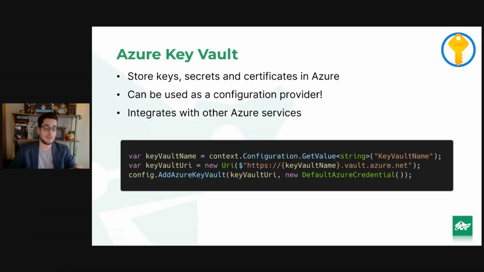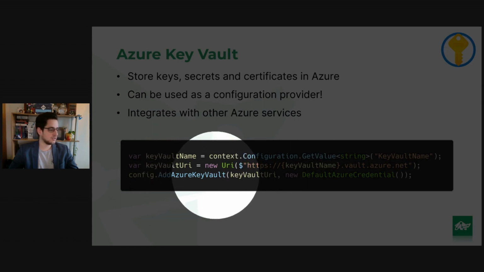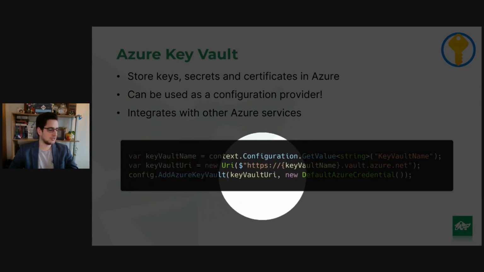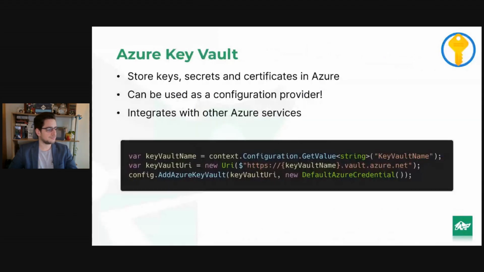In your application startup, you can say configuration builder add Azure Key Vault, and then simply add the URL to the Key Vault, where the secrets are located, and you add your authentication, which we're going to talk about next. Now in your code, you can simply say configuration get value API key, and it would actually just grab it from the Azure Key Vault.